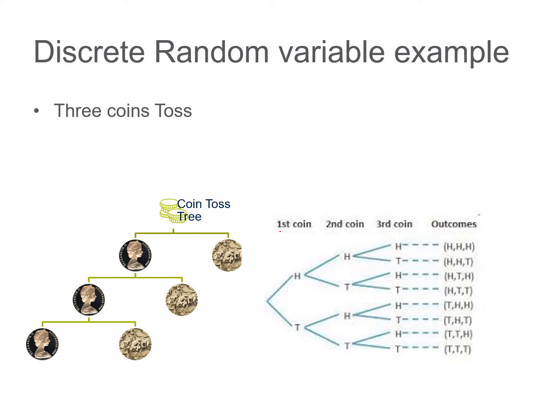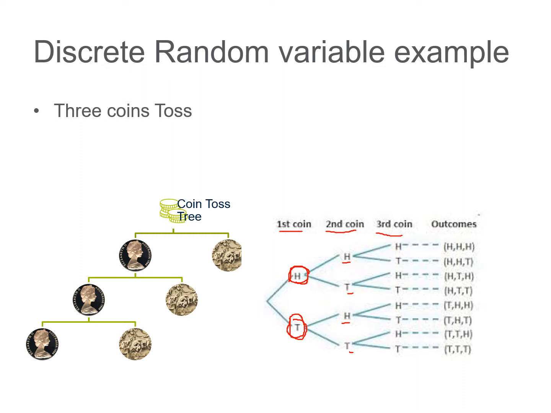So when we toss the first coin, you have head and tail, right? And what is the next? So when you throw the first coin, you may get head, you may get tail, and when you throw the second coin, then if you have got the head in the first, you may get head or tail, and if you have got tail first, then also you may get head and tail.